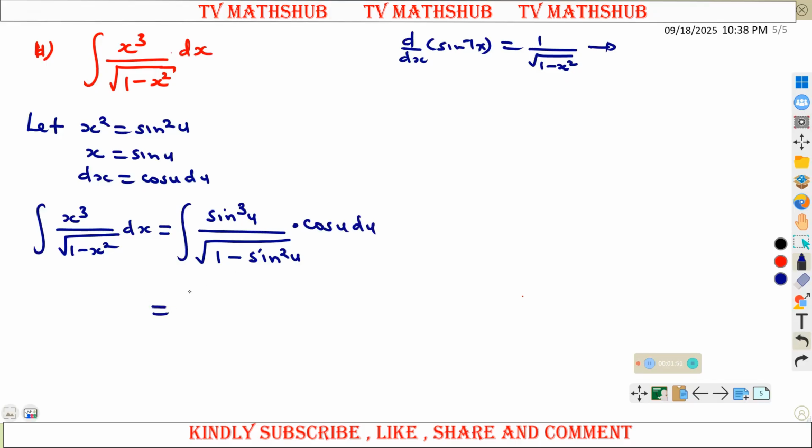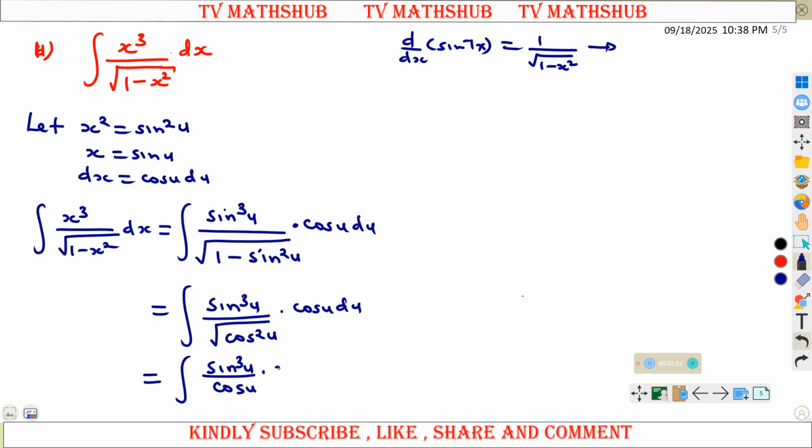So next we shall have this as the integral of sine cubed u divided by the square root of 1 minus sine squared, which is cos squared of u, times cos u du. So this will be the same as the integral of sine cubed u divided by, when you take the square root of cos squared u, it will be the same as cos of u times cos of u du.